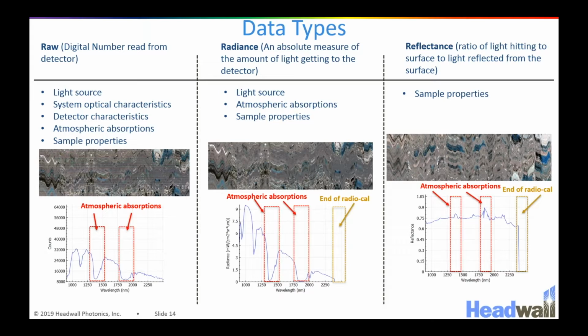I mention that because I often get people coming back to me saying, hey, I looked at 1900 nanometers and it looks funny. What's going on? Well, you don't have any light there, so you can't really analyze the data there. So this is just a brief look at going from raw to radiance to reflectance. And this workflow is all set up in Headwall software as well.